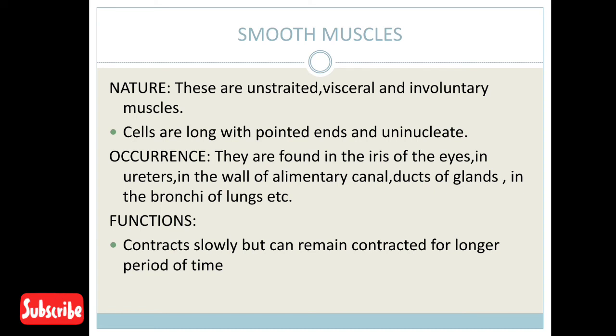So these are the different places where the smooth muscles are found, and the main function is that it contracts slowly, but it can remain contracted for a longer period of time. So this is the main function of these smooth muscles.